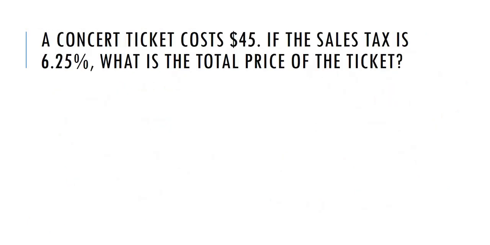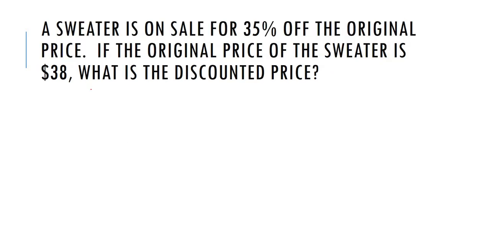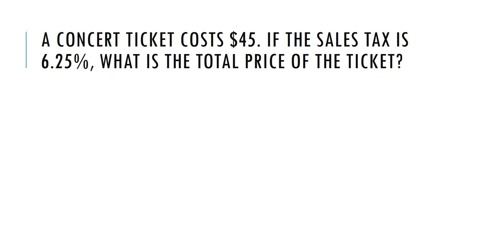Okay, a concert ticket costs $45. If sales tax is 6.25%, what's the total price of the ticket? So again, the total price of the ticket is going to be the original plus the sales tax. So we're going to look at this one. We're going to take our original, $45, not percent, plus the sales tax.